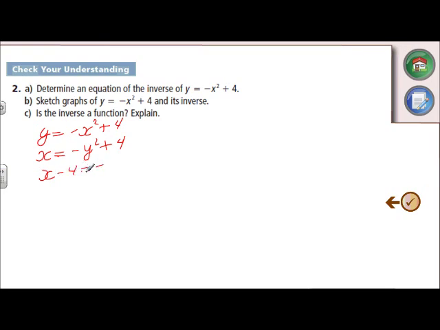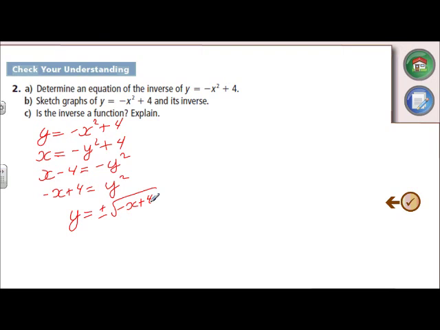X minus 4 equals -y squared. Multiply over the negative. So we've got -x plus 4 equals y squared. Square root both sides. Don't forget plus and minus square root of -x plus 4. Or 4 minus x, however you want to write it.